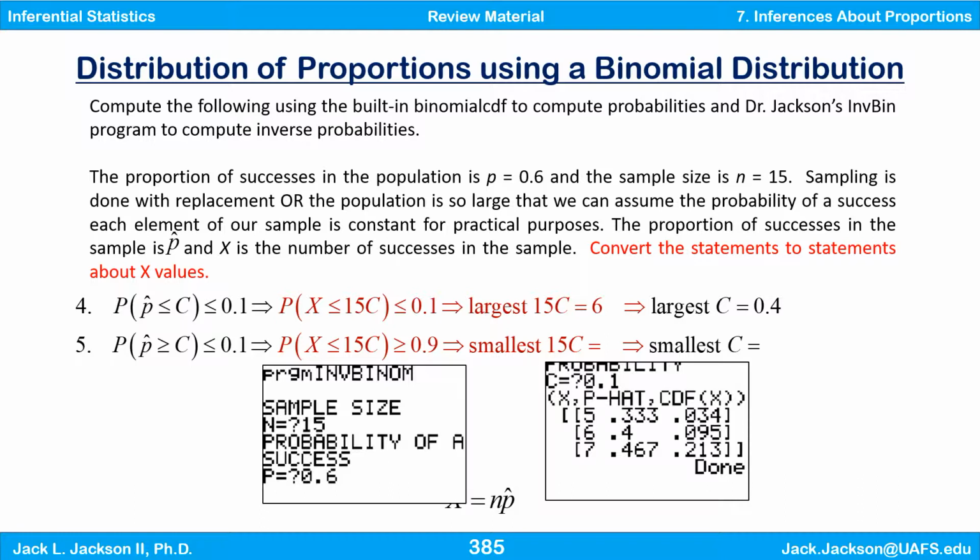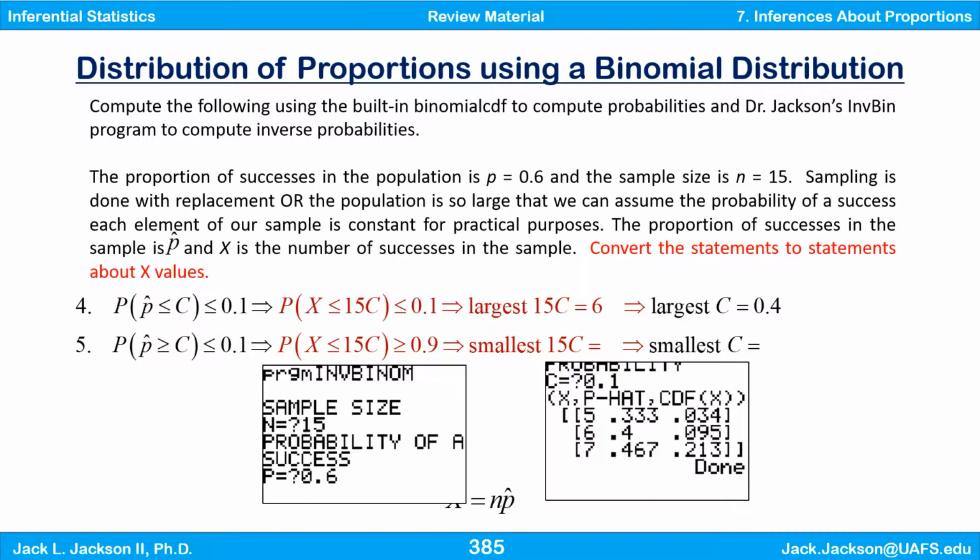Well, it's an inverse binom program. The sample size is 15. The probability of success is 0.6. And then we put in the cumulative probability, which is the probability to the left on the number 4. That's 0.1. And then it produces a little piece of the CDF table.